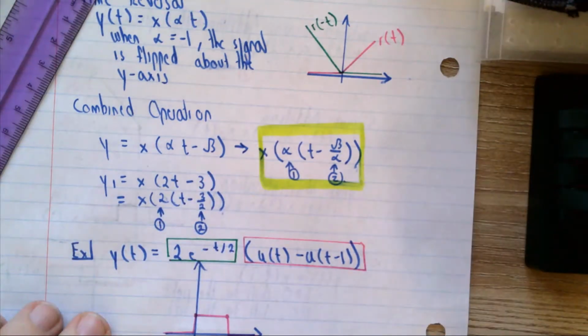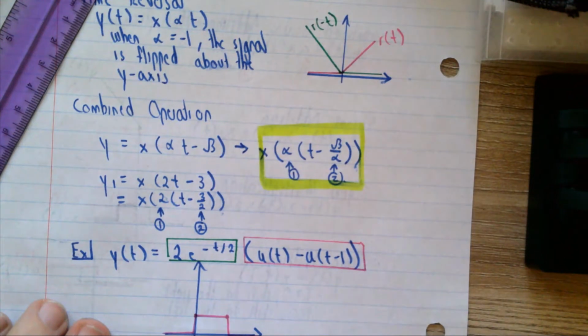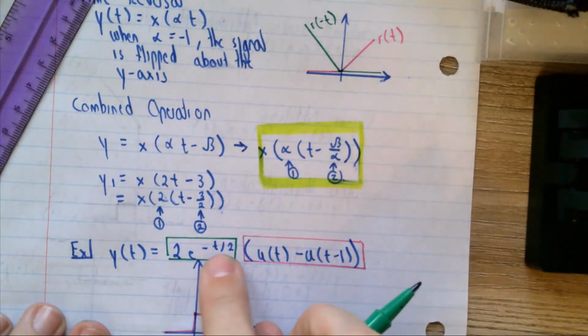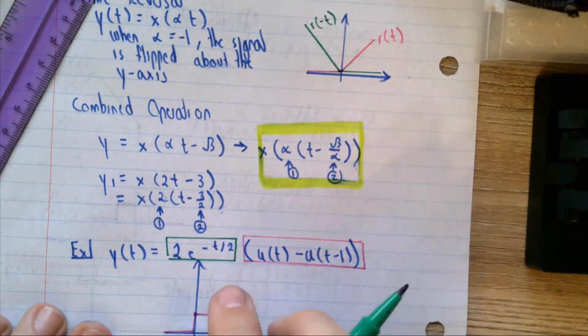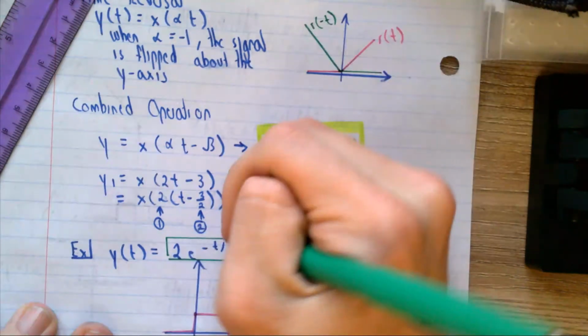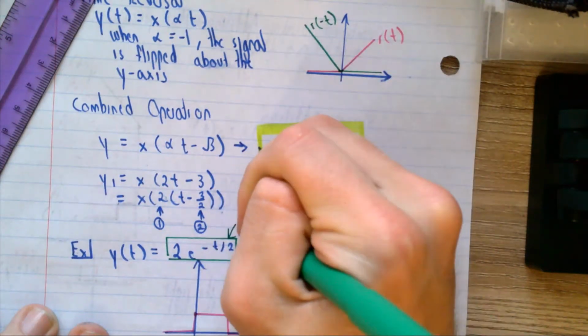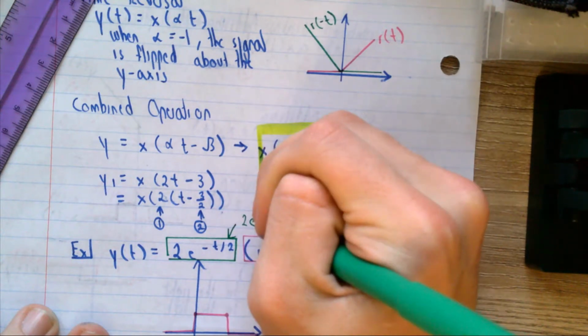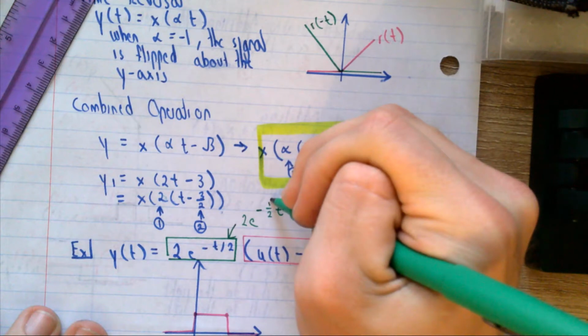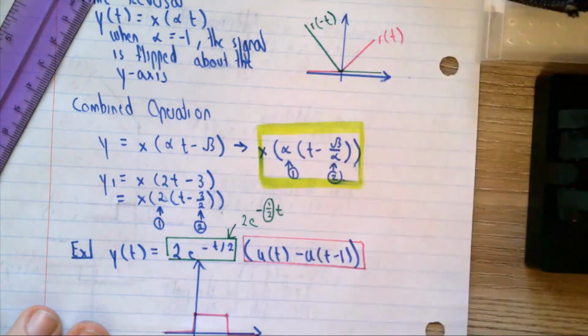How would I know specifically? We know it's a decaying exponential because there's an e to the negative term. And if I rewrote this into 2e to the negative 1/2 t, this term right here is going to tell us the speed of decay. The 2 is basically just a scalar multiplication of this.